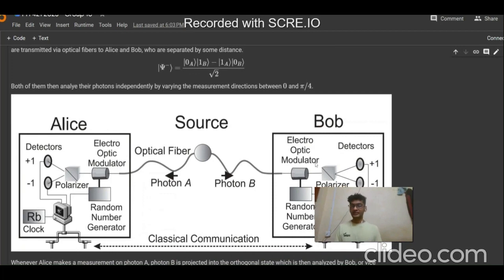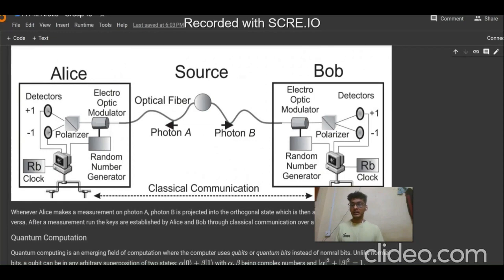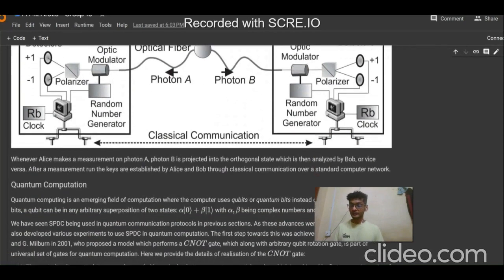Alice and Bob make their measurements along different directions, so they measure the polarization along different directions, and they communicate these measurements over a classical communication channel. And if they match, they finally determine that they have gotten the keys, and the communication between them is now secure. This is basically the quantum key distribution protocol, the BB84 protocol.